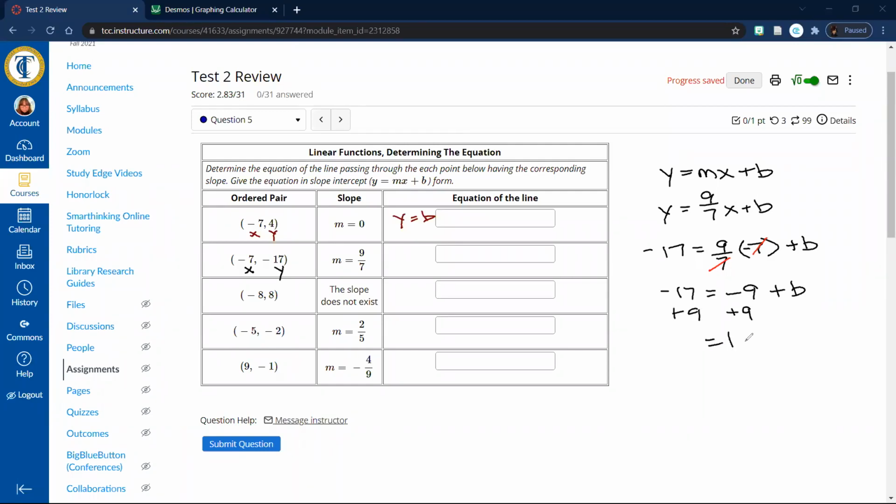And what's b equal? -8. Yeah, -8. So if we wanted to write out our full equation, it would be y equals 9/7 x minus 8.